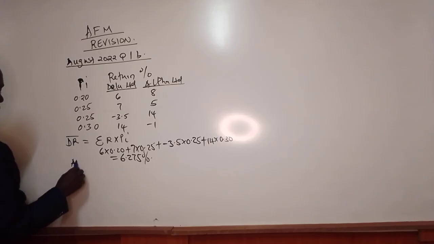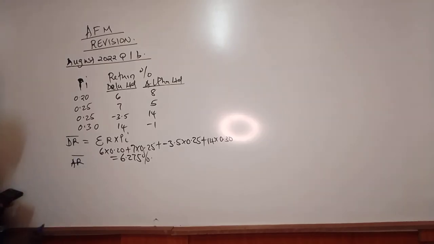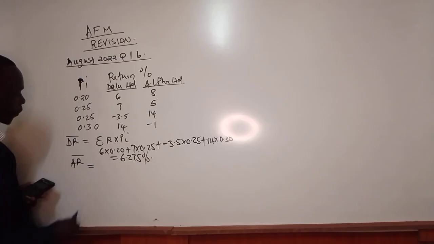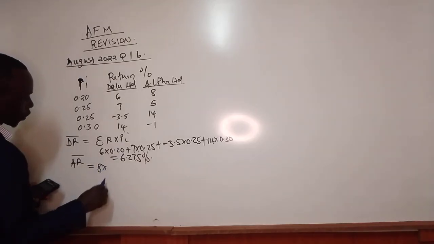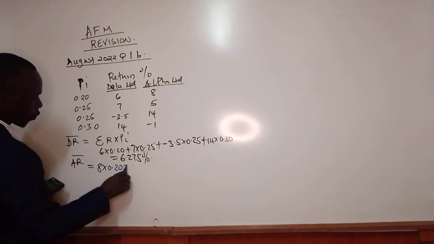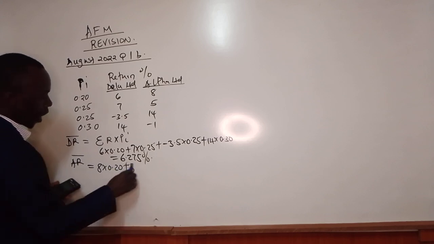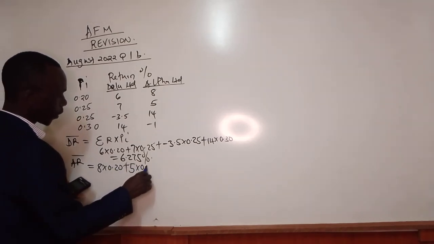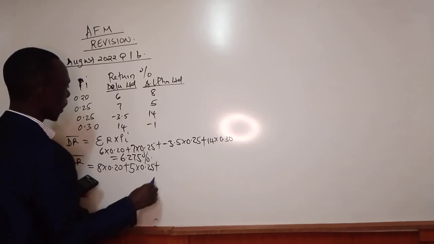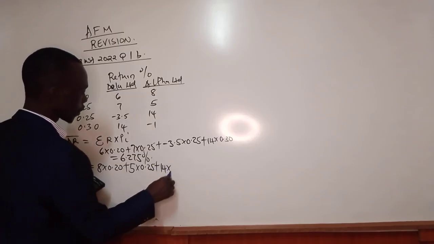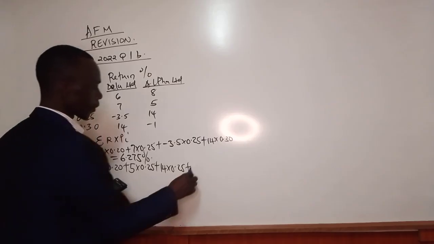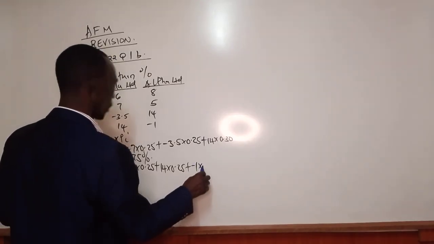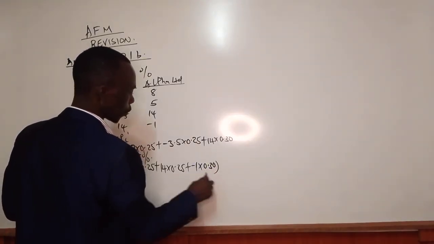Then from there, let Alpha be represented by A. So we are going to get the expected return of A. Our expected return of A will be given by, again, the summation: 8 times 0.20 plus 5 times 0.25 plus 14 times 0.25 plus minus 1 times 0.30.